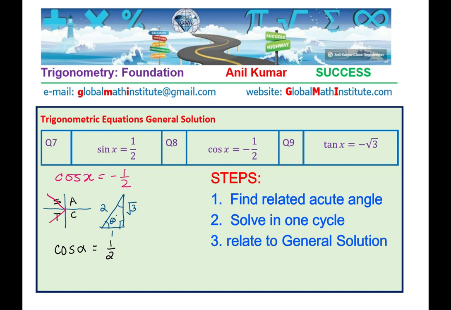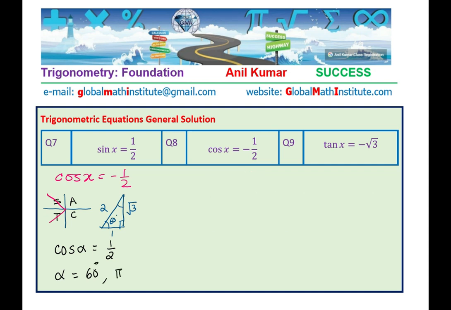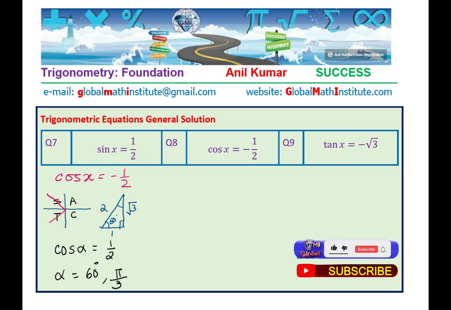So even if we want to find a negative half value, we have to find cos alpha as half, correct? Makes sense. So that gives you an angle of, in this case, 60 degrees, or you can say pi by 3. Perfect. So we have the related acute angle.